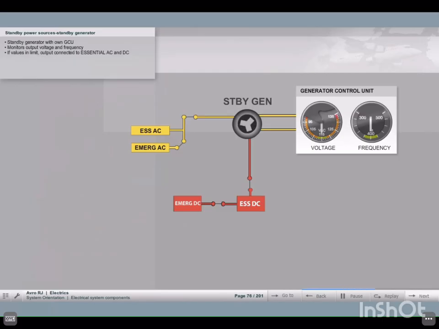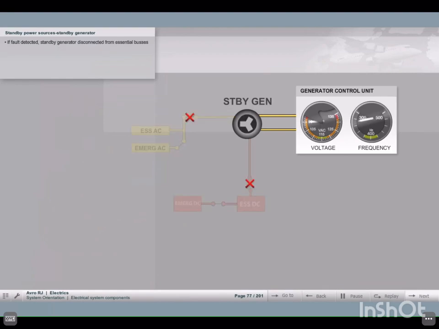Should these values be in limits, the standby generator's AC and DC output will be connected to the essential AC and DC bus bars. If a fault is detected, the standby generator supply will be disconnected from the busbar system.